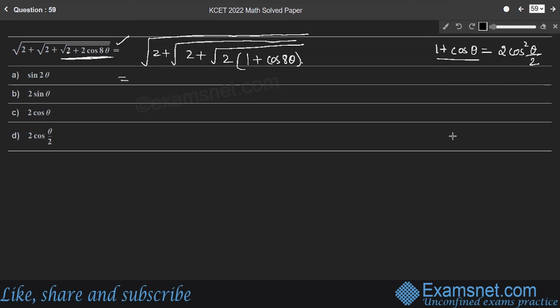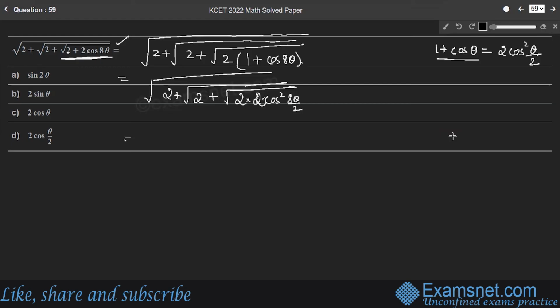So we'll apply this formula: square root of 2 plus root of 2 plus root of 2 into 1 plus cos 8 theta can be written as 2 cos square. So 2 into 2 cos square 8 theta by 2, which is 4 theta, right?